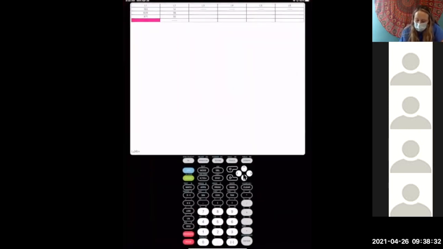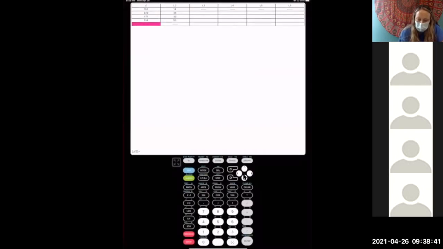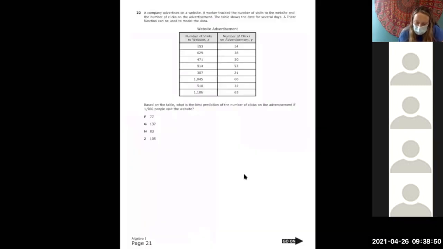914 and 53. Then we've got 307 and 21. Then we've got 1045 and 60.